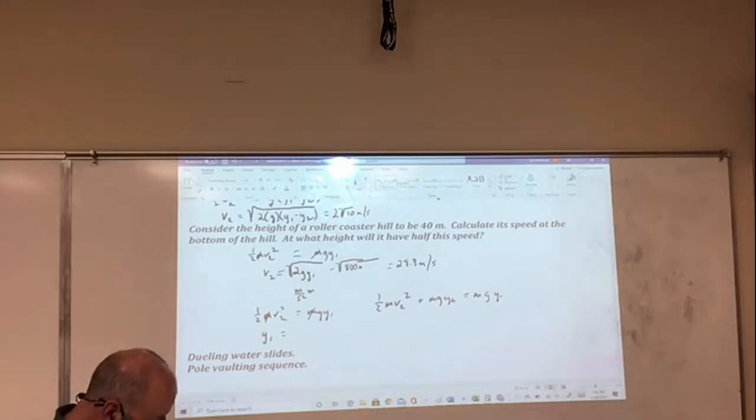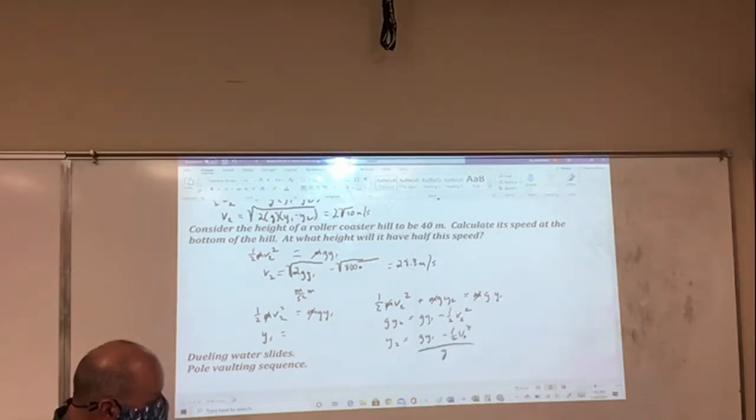So let's get rid of the m's. And then we can say gy2 equals gy1 minus 1/2 v2 squared. And then we can say y2 equals gy1 minus 1/2 v2 squared, all over g.